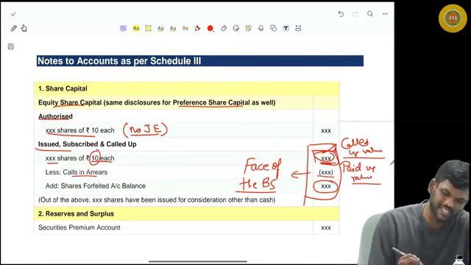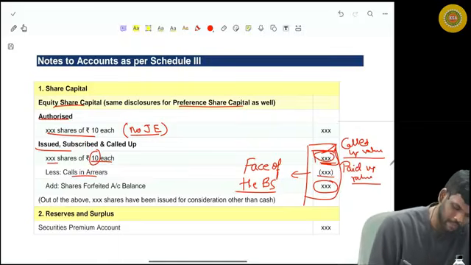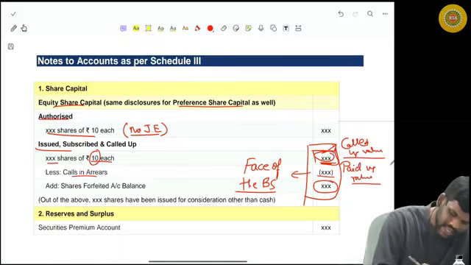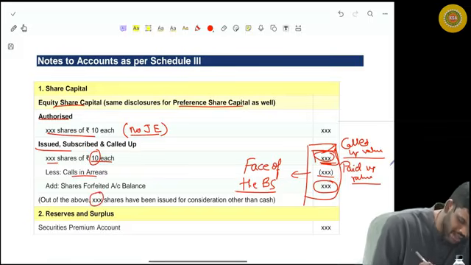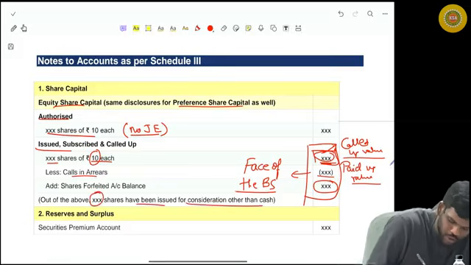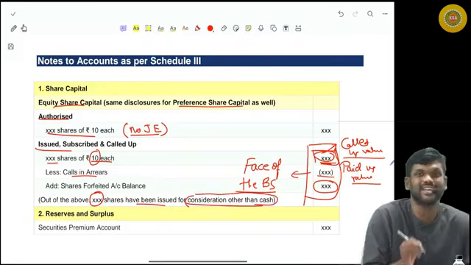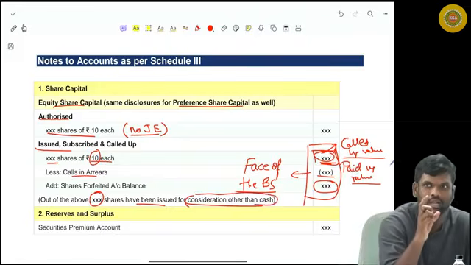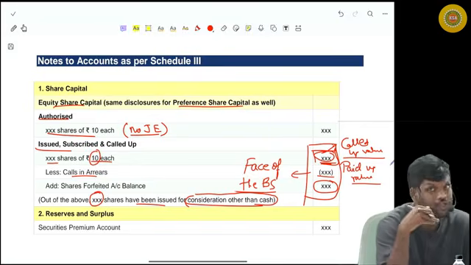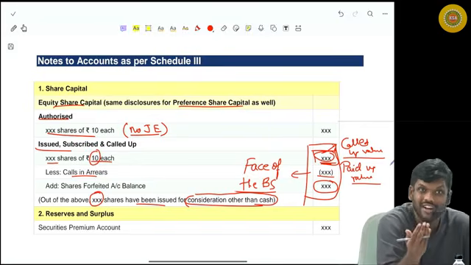And also one specific Schedule 3 requirement for disclosure purpose. What Schedule 3 says is, out of this total number of issued shares, you have to tell how many shares you have issued for consideration other than cash. That means you have to write those number of shares for which you have issued those shares, but you have not received cash.